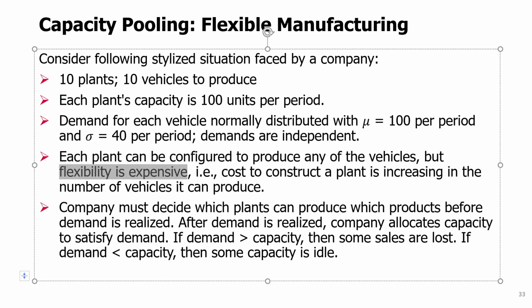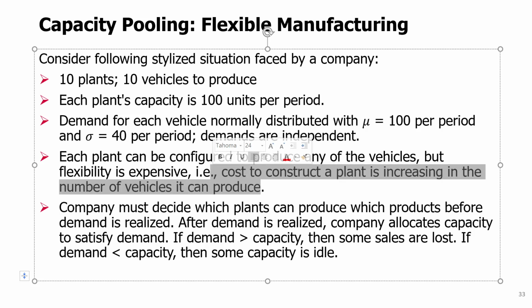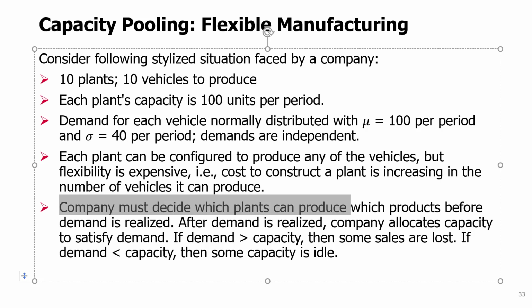So the cost to construct a plant is increasing in the number of vehicles that it can produce. If it just produces one vehicle, it's cheaper than if it could produce two vehicles, and increasing the number of variants will basically increase the cost of this plant. So the company must decide which plants can produce which products before demand is realized.